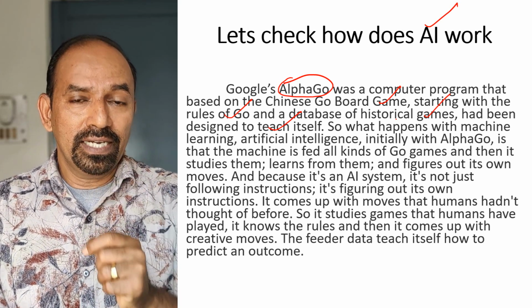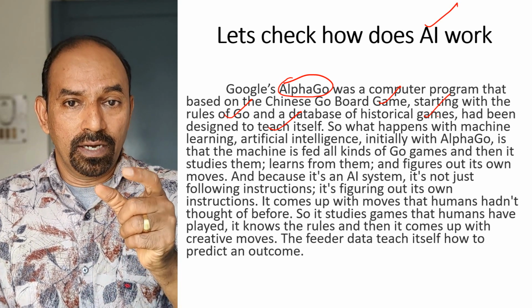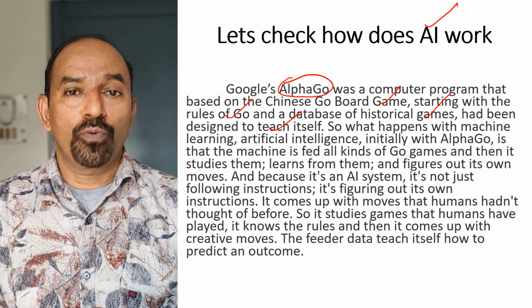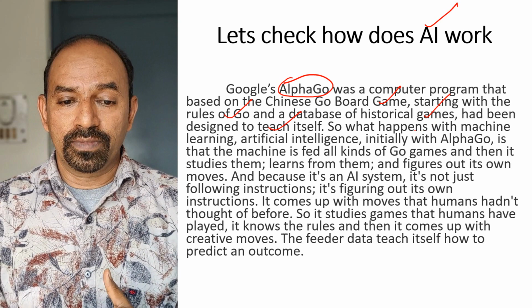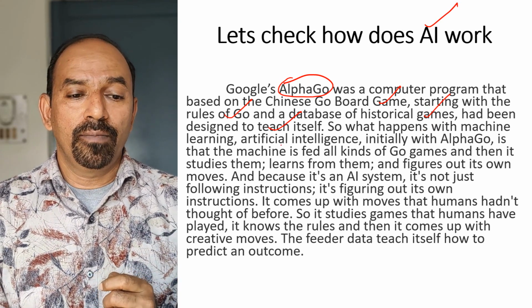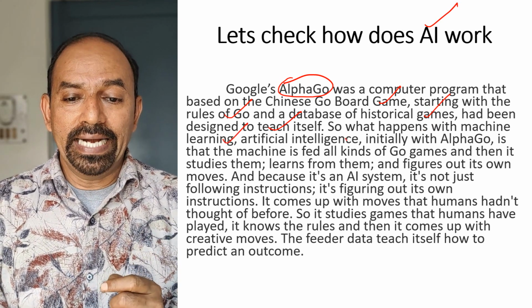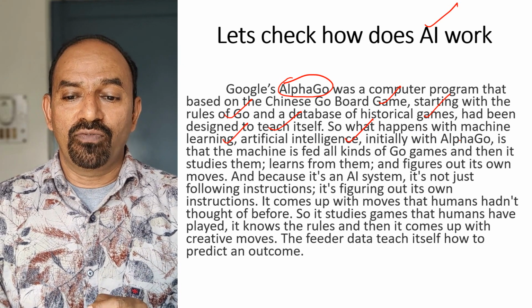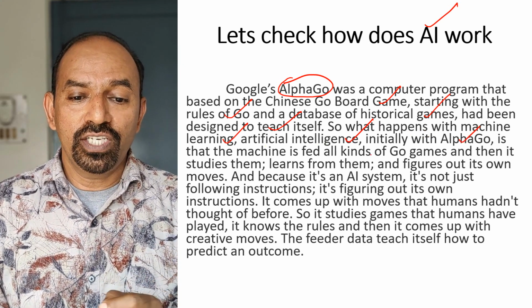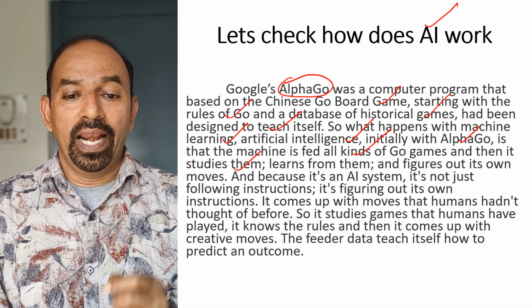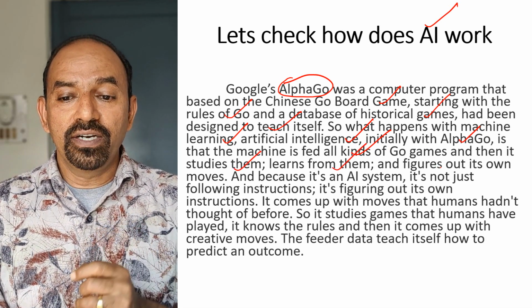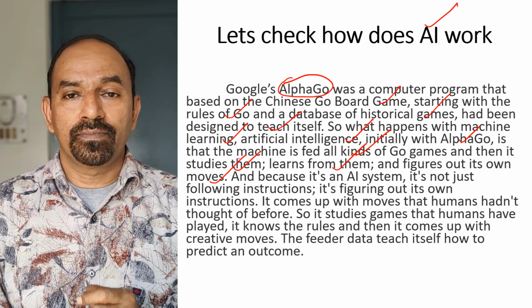Based on that game, the Google AlphaGo program developed its learning. So what happens with machine learning, artificial intelligence, initially with AlphaGo, is that the machine is fed all kinds of Go games and then it studies them, learns from them and figures out its own moves.